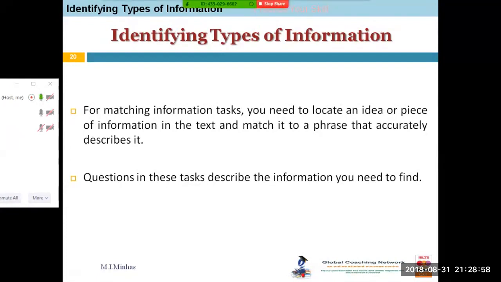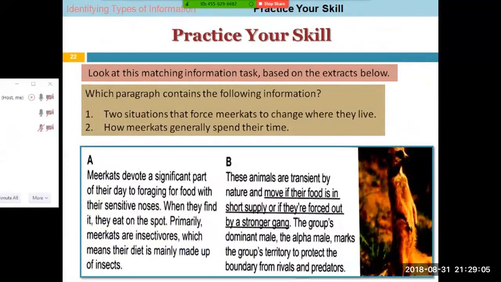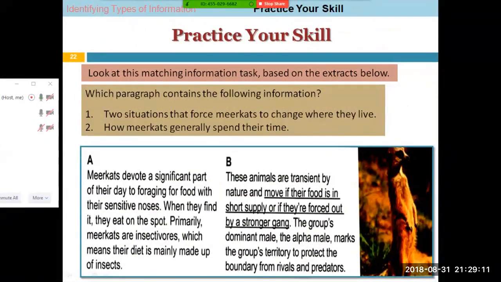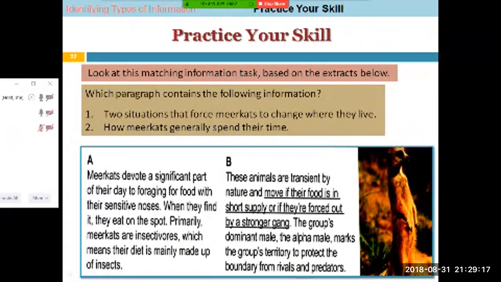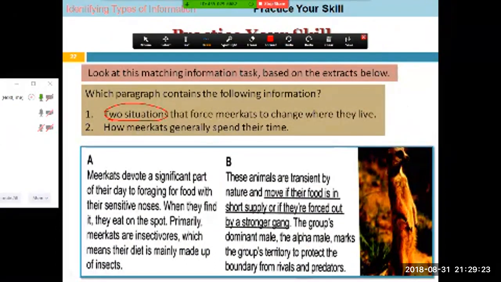Let me directly jump to one of the questions. If you are asked which paragraph contained 2 situations that force meerkats to change where they live, you see this? 2 situations. So here you have to match this type of information.